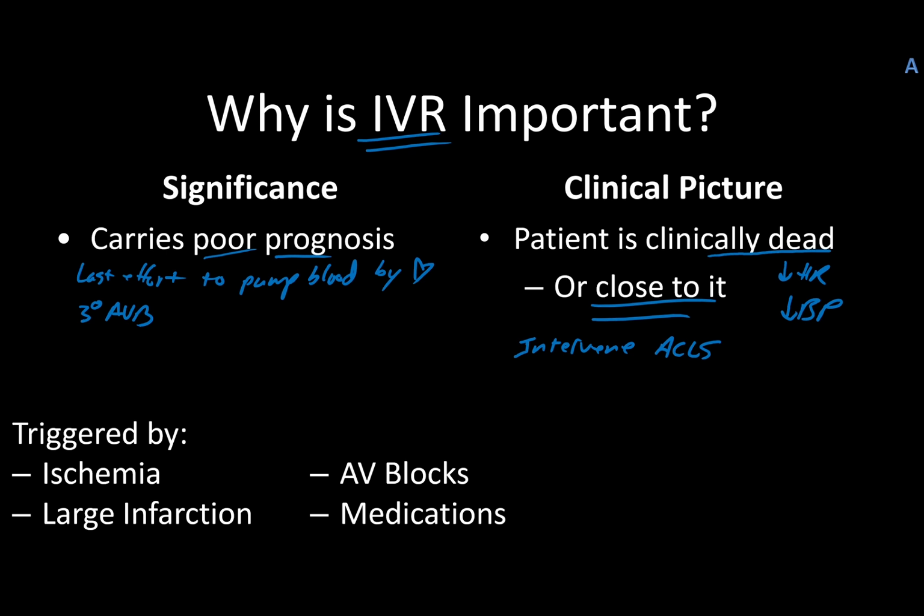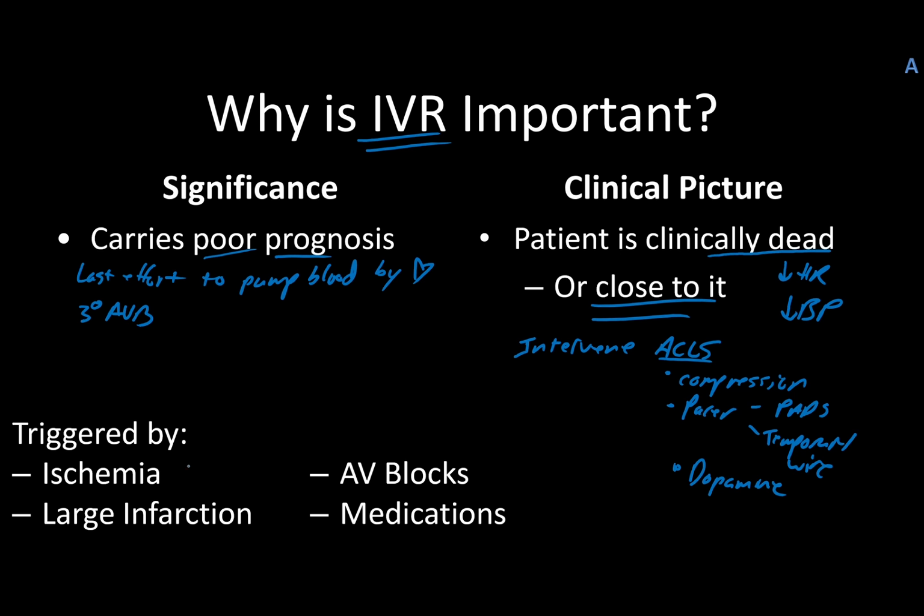The quick one is going to be compressions. Get ready to do a pacer, either with the pads on or a temporary wire. And you may do drugs like dopamine to try and see if that makes a difference or not.